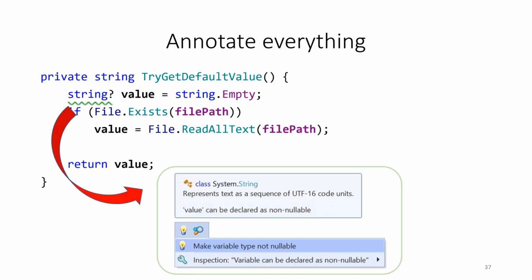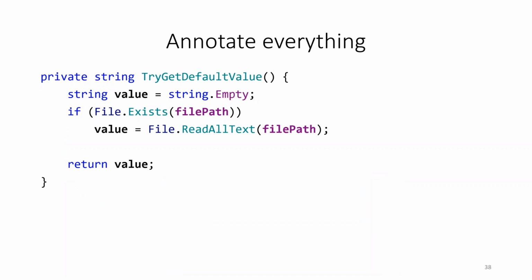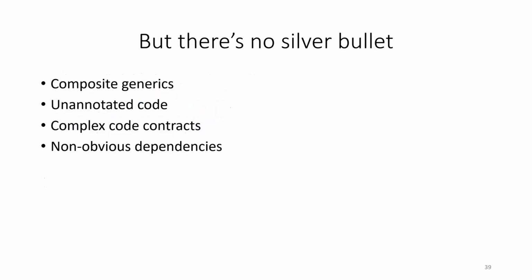And I can make it not nullable. And this value that is used to hold the return value is also not nullable. And this way I can make the initial contract very relaxed, allow every method to return null, and then figure out with inspections where the contract can be relaxed and become not nullable.